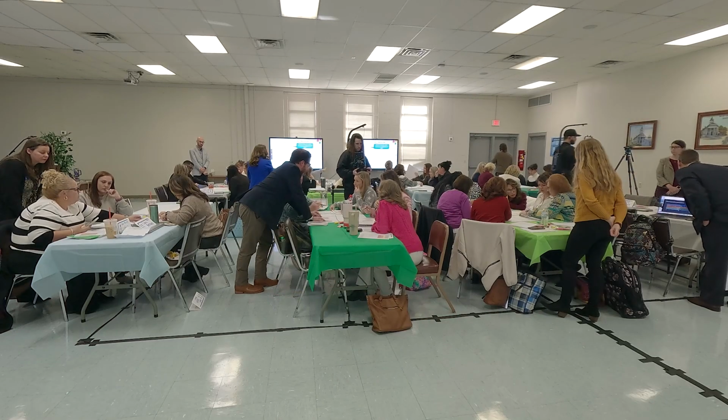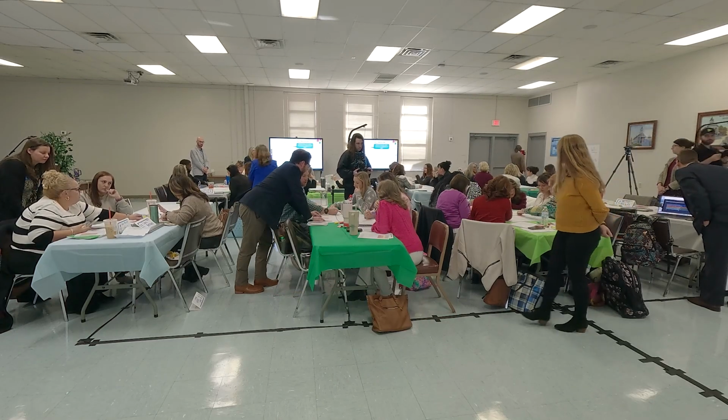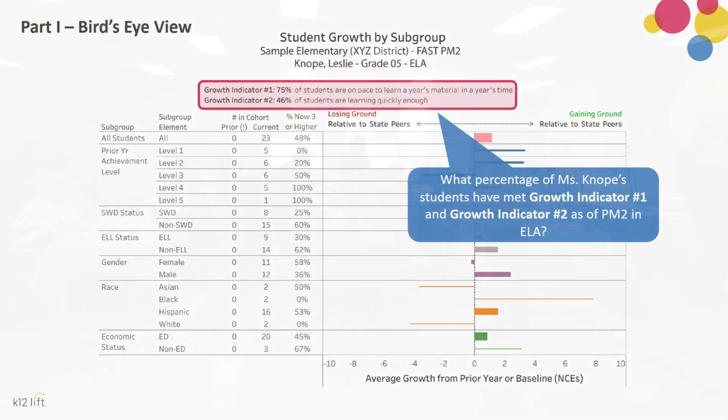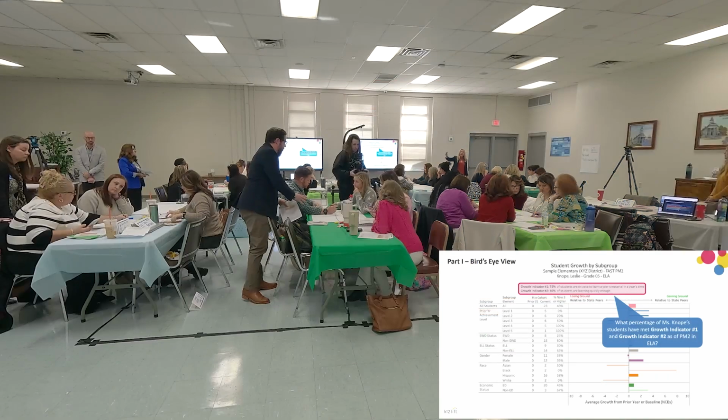Okay, I think most of you have found it. Let's check. How did you do? What percentage of Miss Nope's students have met growth indicator 1 and growth indicator 2 in ELA? Somebody just shout it out. Growth indicator 1, 75%.